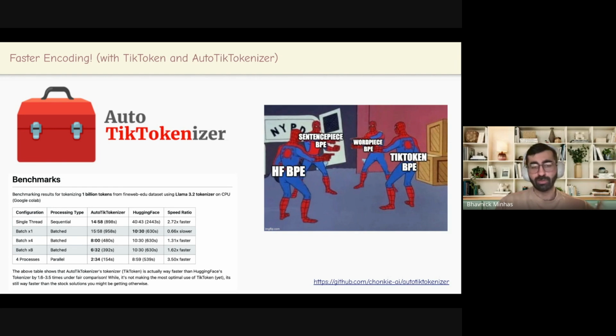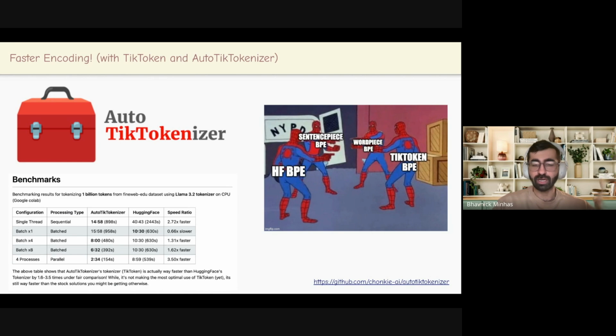Generally, timing-wise, it's about 3x faster with a single thread, and with 4 processes, it's about 3.5x faster to use AutoTick Tokenizer versus Hugging Face. That's a test done on the Llama 3.2 tokenizer. And if you do the same test with GPT, you'll notice the same thing there.